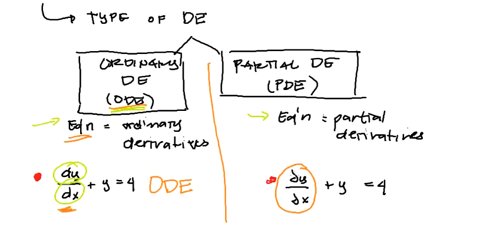Like here in our equation, we have the partial derivative of y with respect to x, and that is called a partial differential equation. So the type of DE here is PDE.